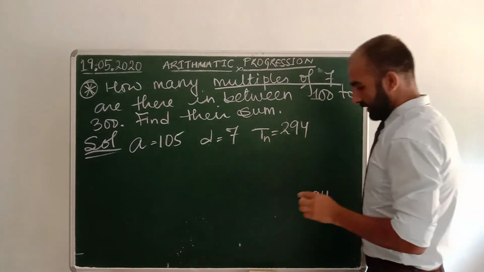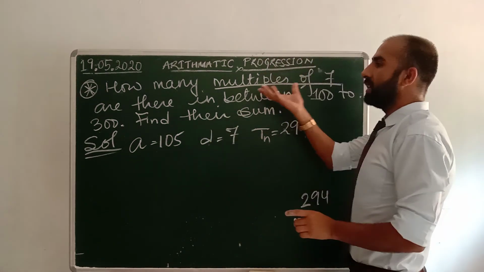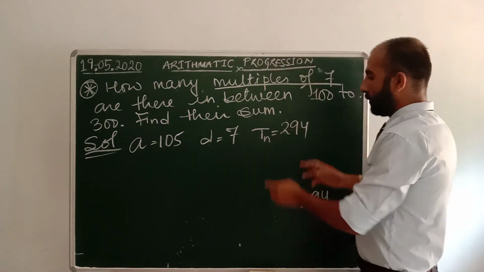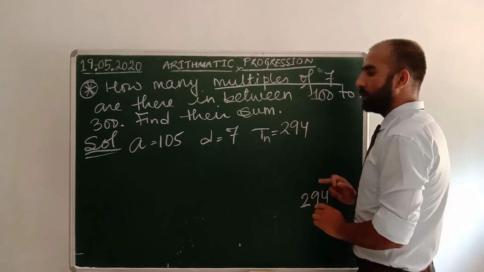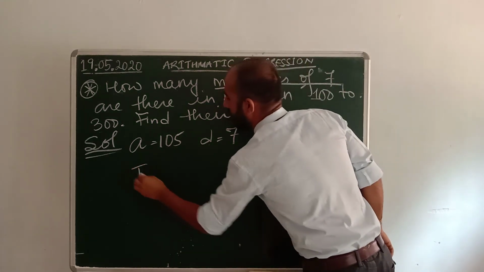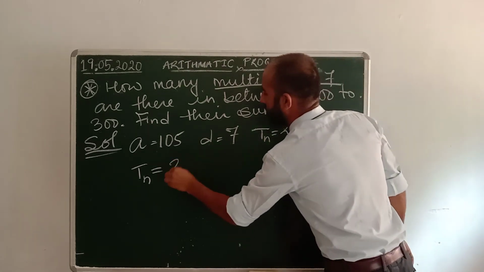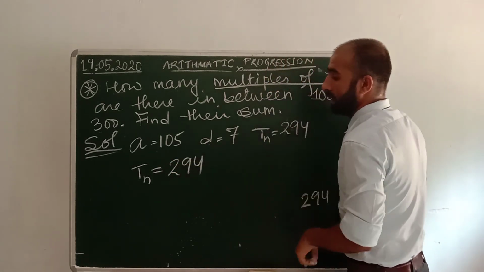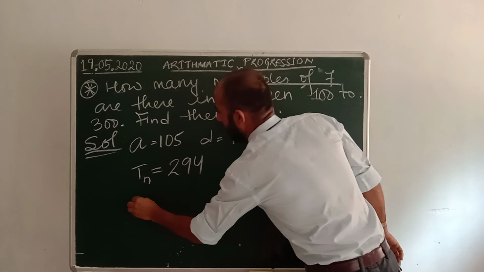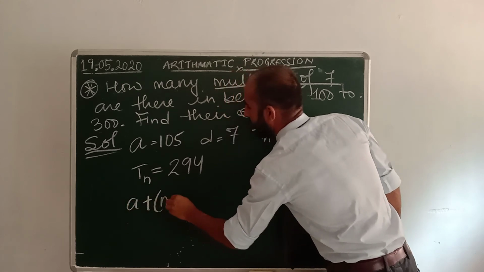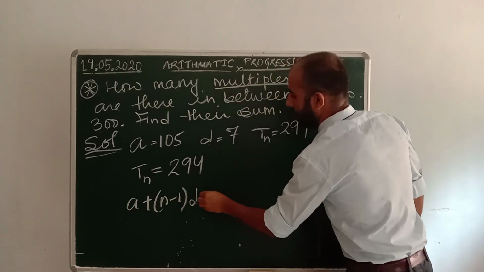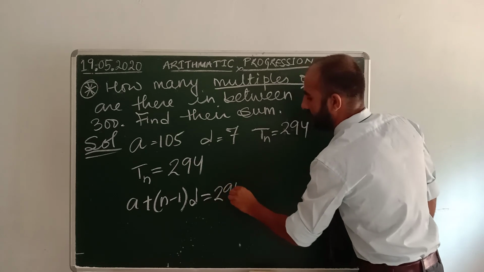Okay, so let's find out how many multiples there are. We know the last term is 294, so I'm going to use the Tn formula, because Tn we already know, it is 294. A plus (n minus 1) d equals 294.